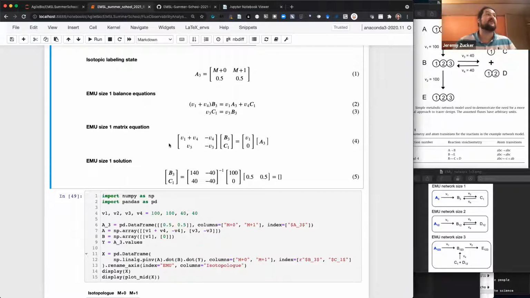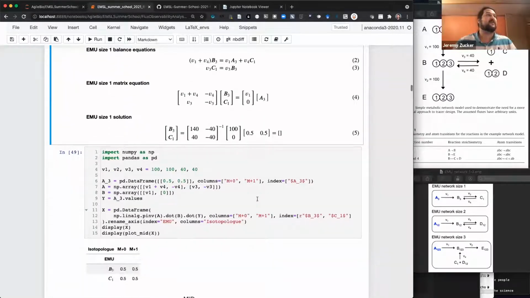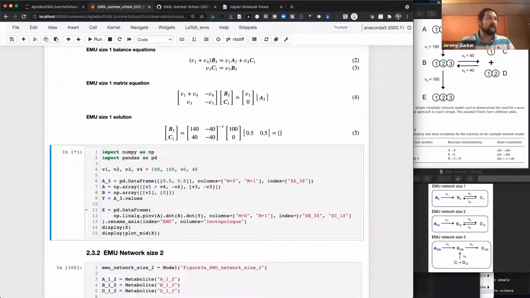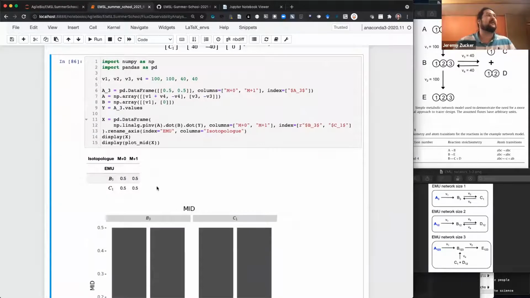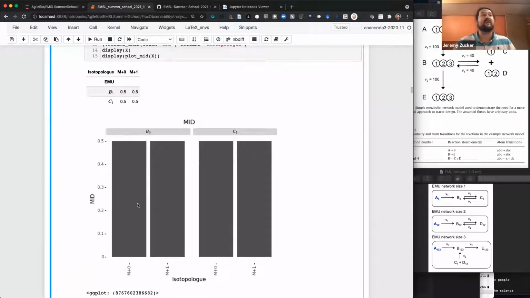We invert this matrix, times V1, which is 100, times A3, and the MID for A3 is 0.5. When you do that calculation, for B3 the MID is 0.5, and for C1 it's 0.5. This is what the MIDs for these two EMUs would look like.